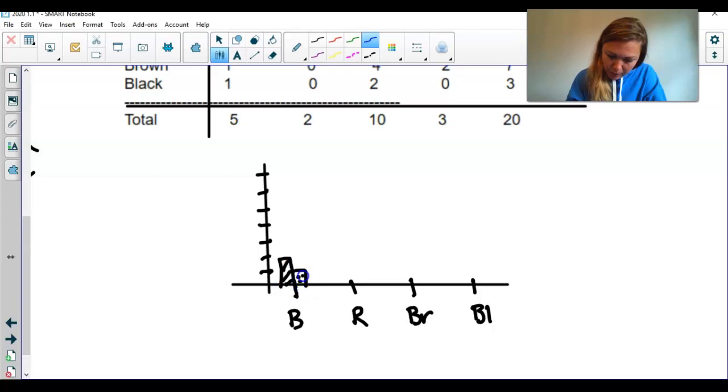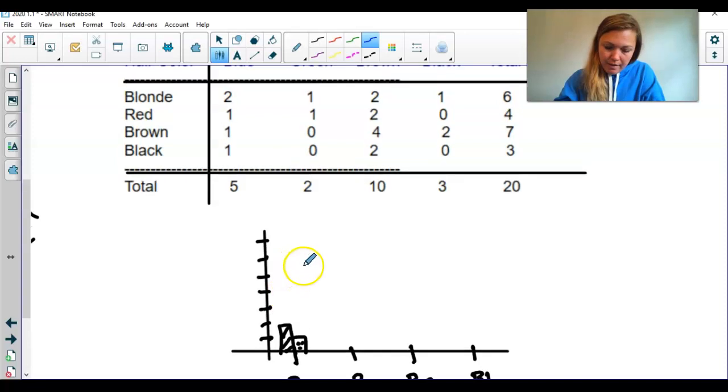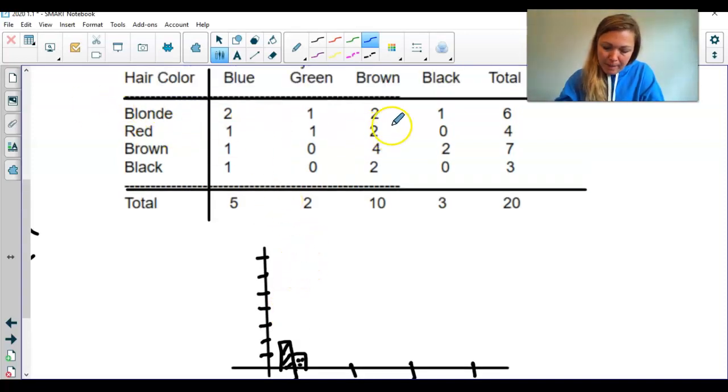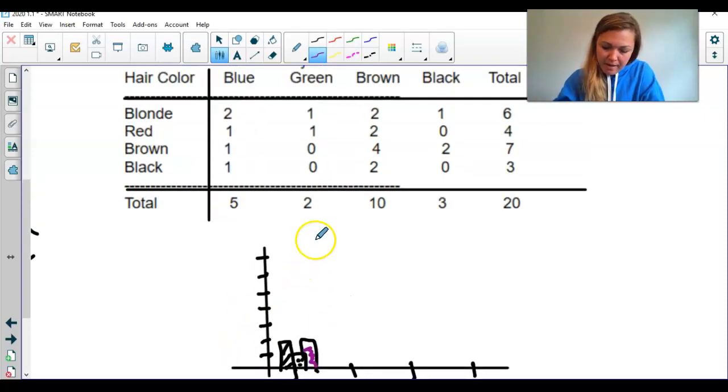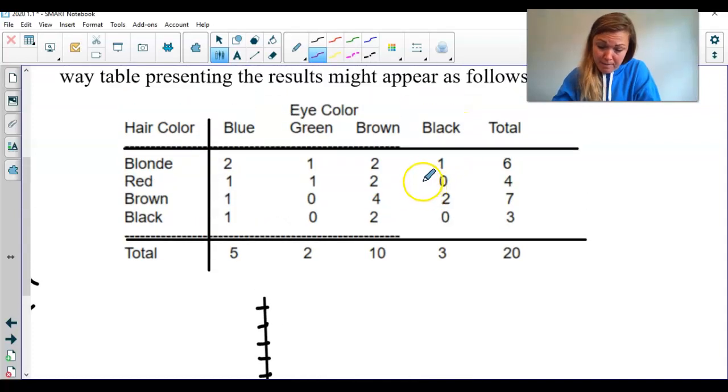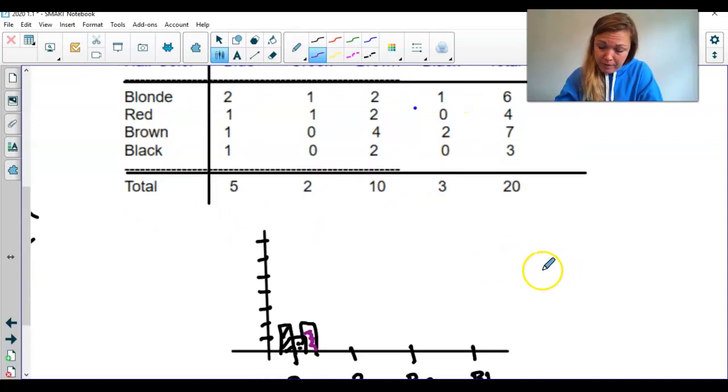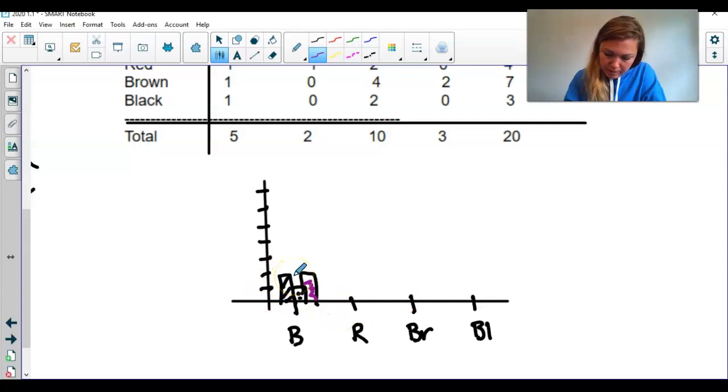And maybe I'll do little polka dots there. Those are my little polka dots, okay? Out of all the blonde people, 2 of them had brown eyes, and let's see if I can get a different color again. There we go. And then out of all the blonde people, 1 of them had a black eye color, okay?